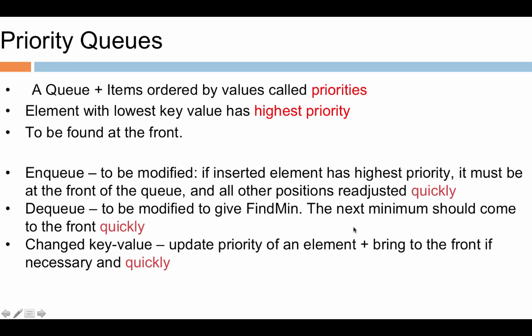The other operation is that you might want to update the priority of an element based on certain things. Those of you who are studying operating systems, or who have some exposure to operating systems, will recall that priority queues play a very important role, and changing the priority of an element is a very important operation done by the operating system.